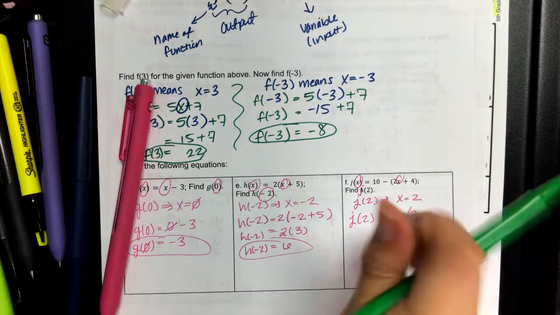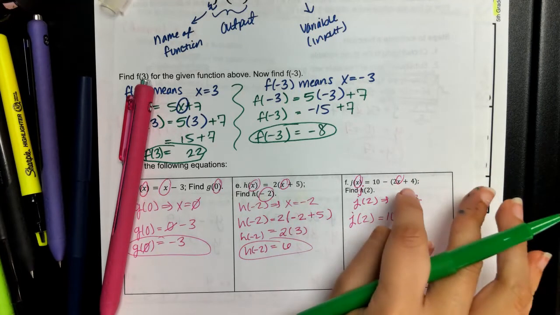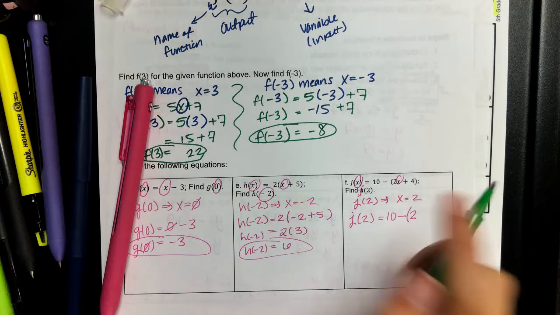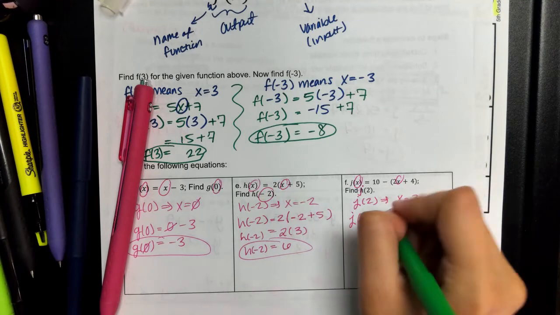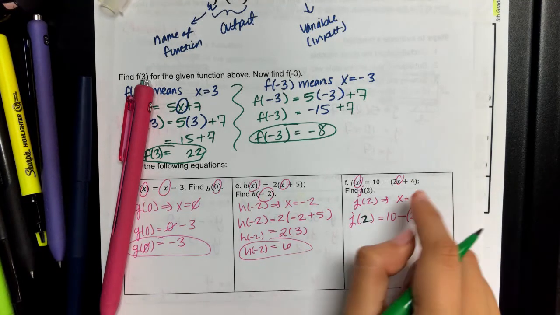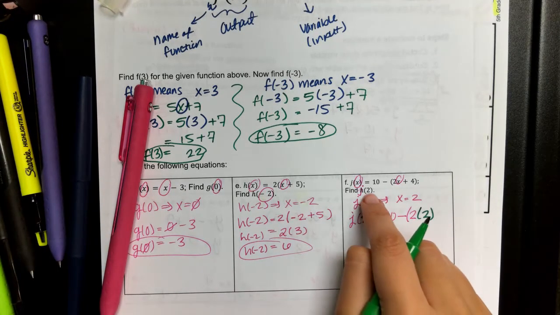Remember, when there's a coefficient in front of an x, that means they're being multiplied. So 2x, I'm not going to write 2 and then a 2 next to it because that'll be 22. I'm going to put a parenthesis so I know they're being multiplied. So j of 2, I'm going to put in a 2 where there used to be an x. So 2 times x now becomes 2 times 2, since x equals 2.